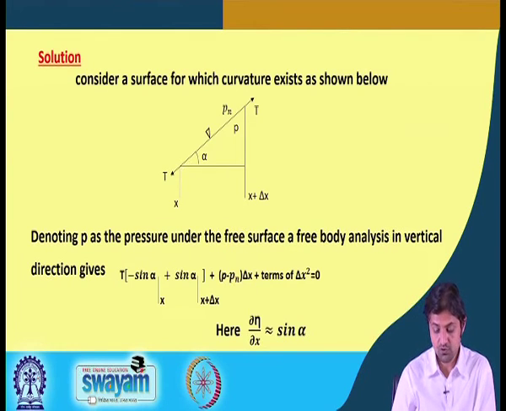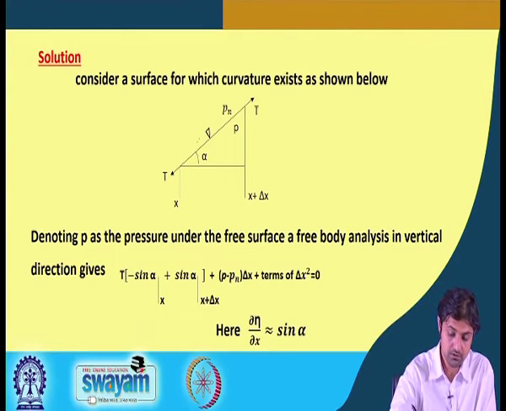So, here we assume that delta eta by delta x is equal to sine alpha. How? You see, at this point there will be eta and at another point there will be eta.